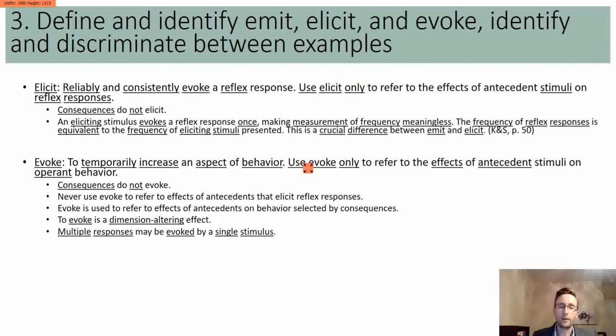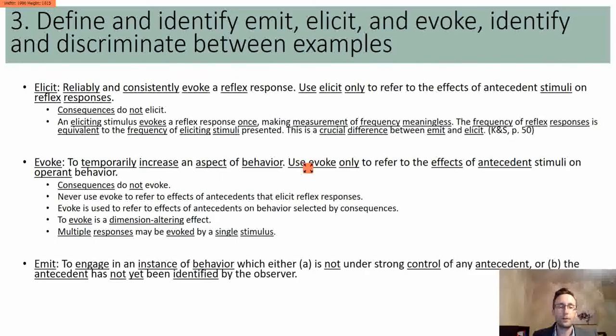Multiple responses may be evoked by a single stimulus. To emit is to engage in an instance of behavior which either A, is not under strong control of any antecedent, or B, the antecedent has not yet been identified by the observer.